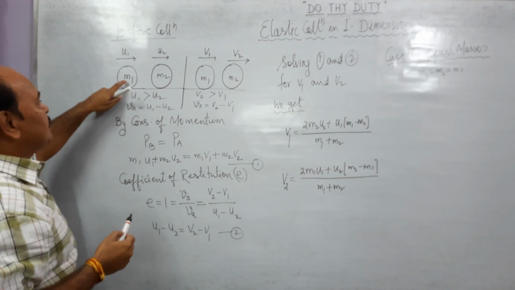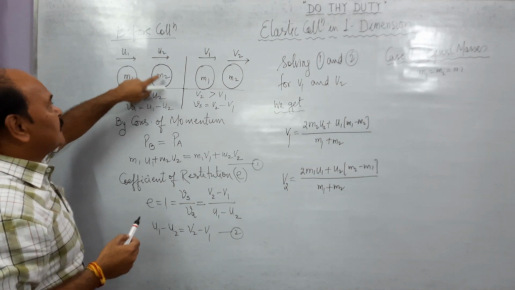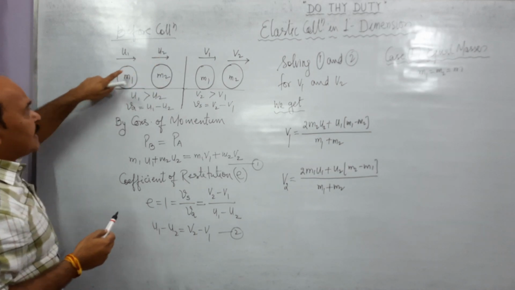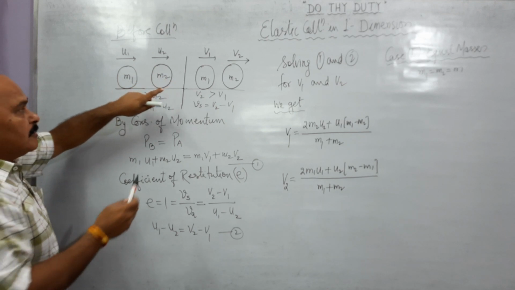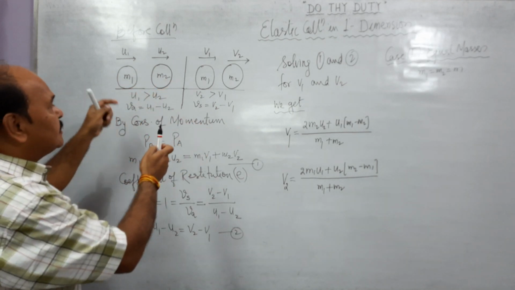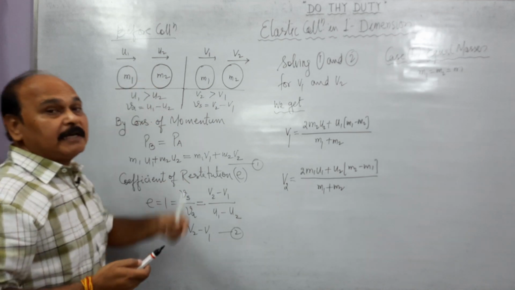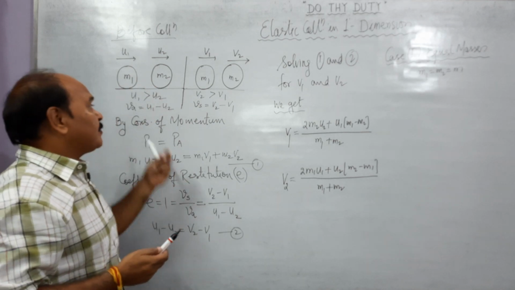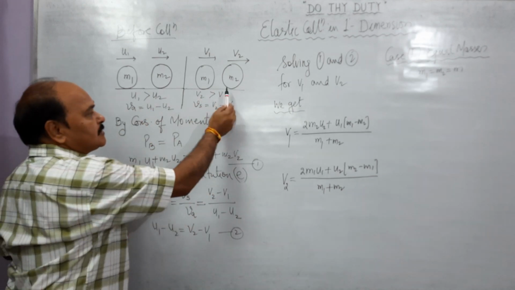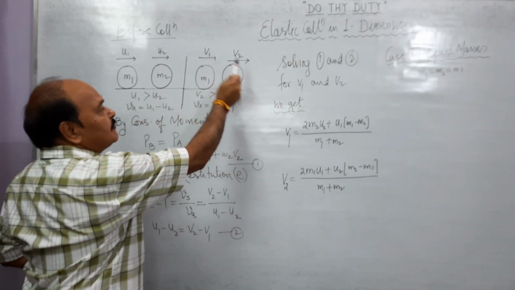This mass is moving with velocity u1 and this mass with velocity u2, and u1 is greater than u2. They collide elastically. This one hits the other mass from behind elastically. And what happens? Finally, both the masses have velocities v1 and v2.